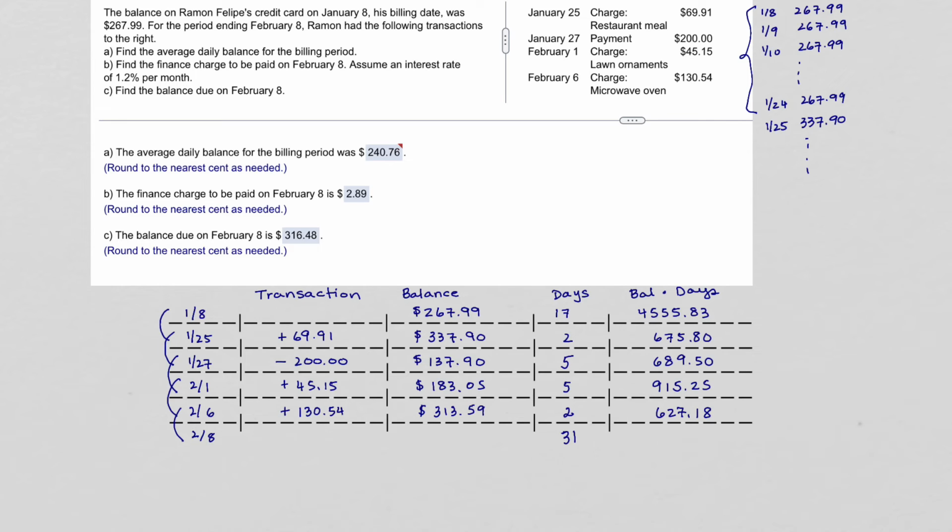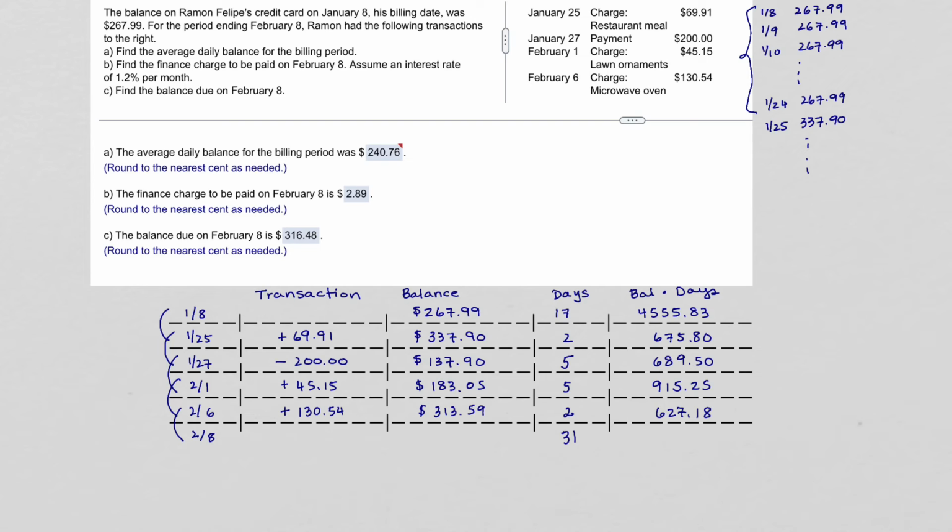And then we continued down the table doing the same thing. So the next one is 337.90 times the 2 days that you had a balance of that, and that gives you 675.80. And once we calculate all these numbers, now we want to add them together.